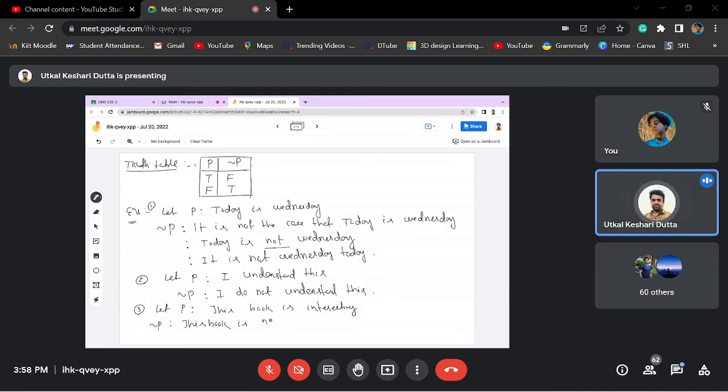You can simply write this book is not interesting, using not in the proper place. Any other way of writing? In place of not interesting, you can write uninteresting.